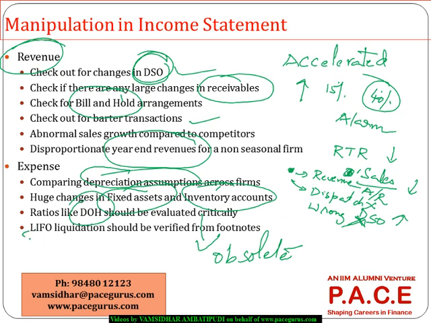And if at all that firm has gone into some LIFO liquidation, we have already seen earlier, in case of LIFO liquidation, I can very well reduce my cost of goods sold and show a very high net income in the year I have done the LIFO liquidation.